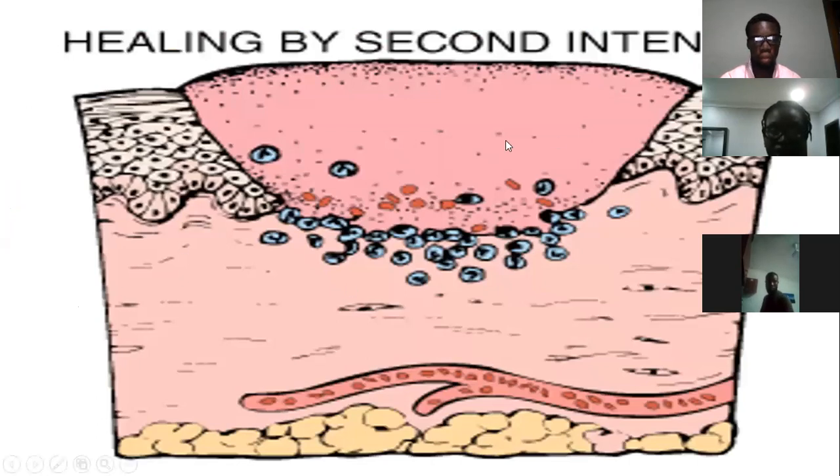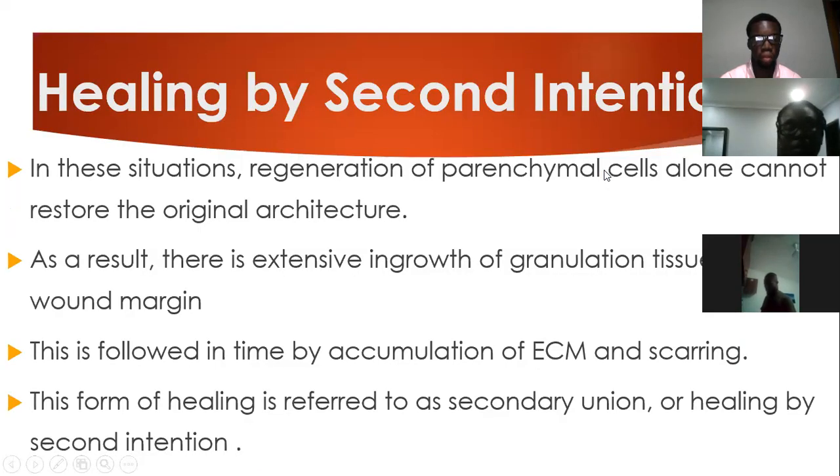You have a big defect in the tissue, and it is healed by secondary intention, such that the edges would come together. In these situations, usually there's regeneration of the parenchymal cells, but because there's a large wound, there has to be an extensive ingrowth of granulation tissue.